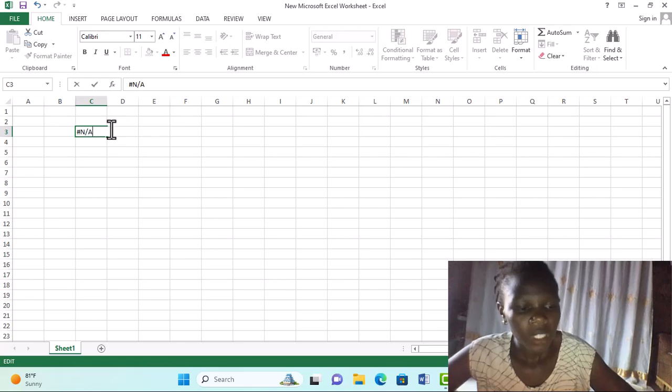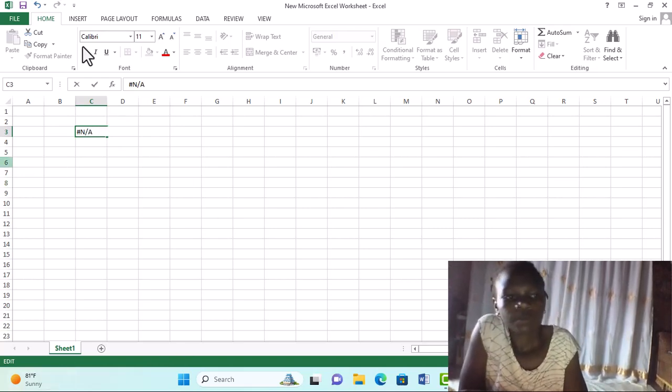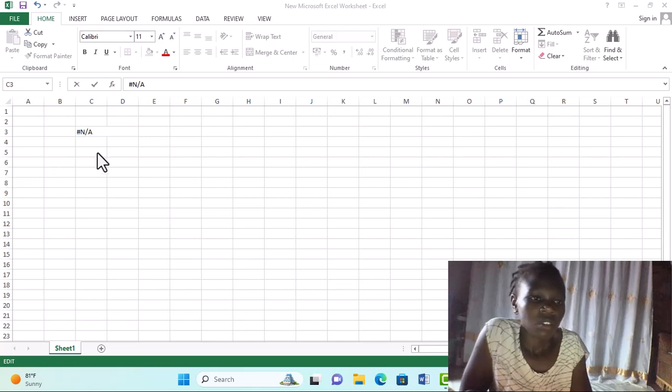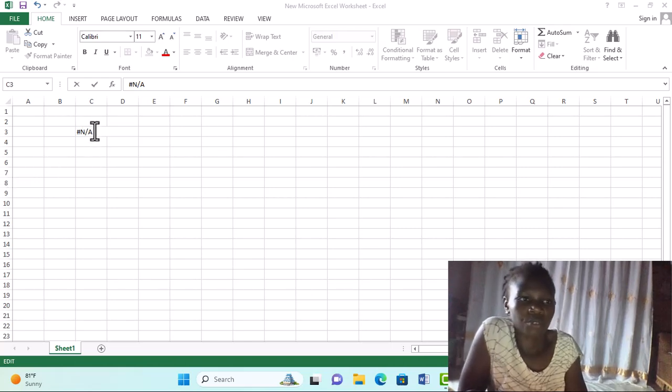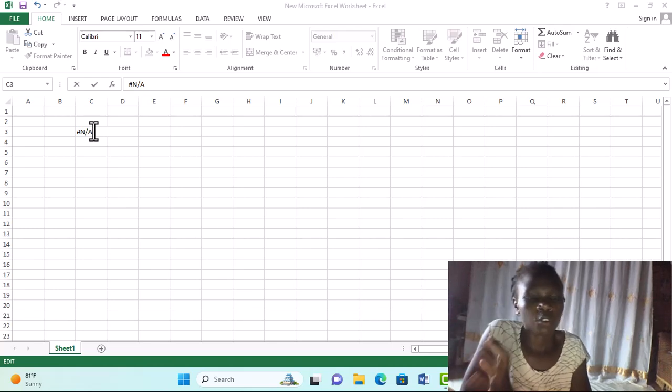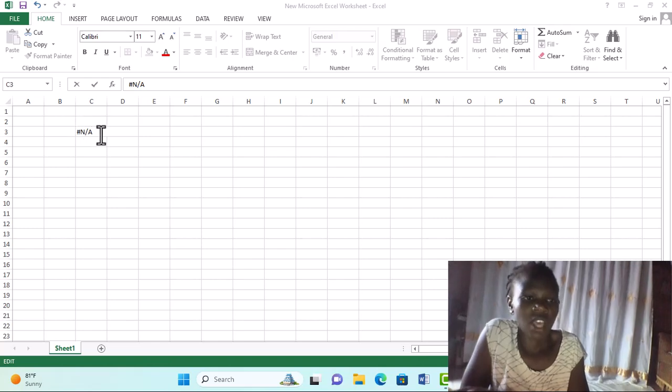When this error appears in your work, it means that the function or the formula or the word you're trying to put into the cell is not available. So that is the reason why it brings you hash N/A. The way to correct it is by putting in the right value into the cell. That is the only way you can correct this error here.